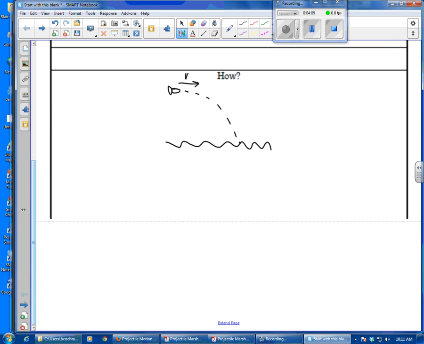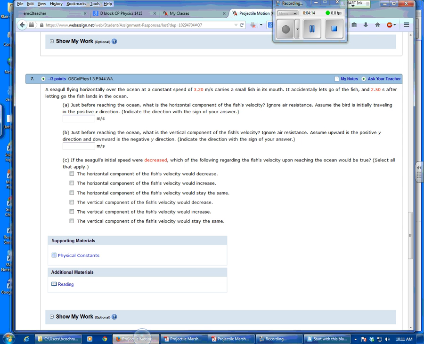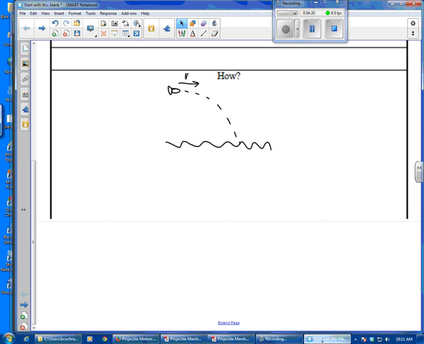So let's label some things here. Let's see what else I know. I know that initial velocity is 3.20. I'm going to divide my paper here into vertical and horizontal.